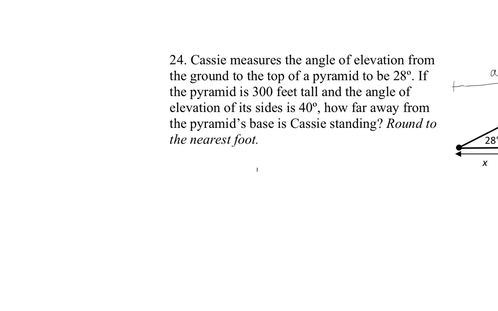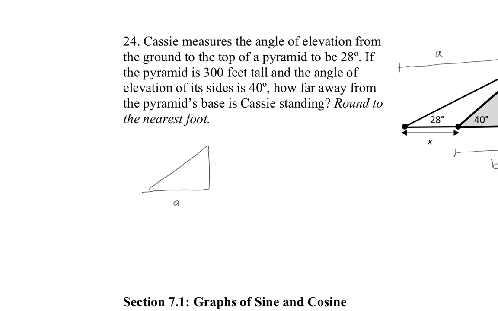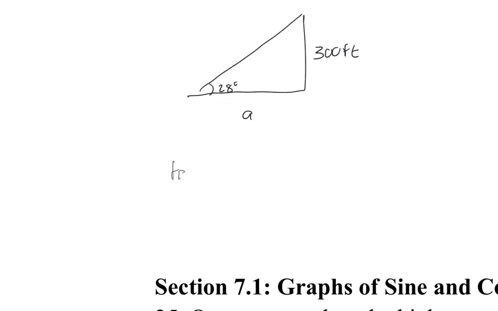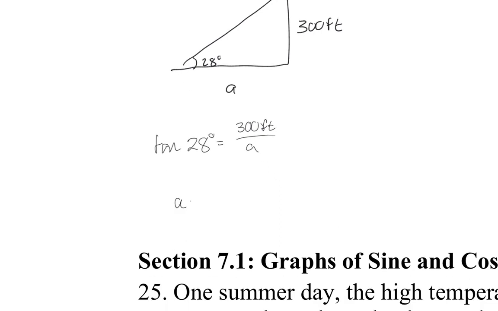So now constructing our triangle using A, we're given that this is A, we have a height of 300 feet, and we're given this angle of 28 degrees. So knowing that tangent relates to the opposite and the adjacent side, I'm going to go ahead and say tangent of 28 is equal to 300 feet over A, which means that A is going to be equal to 300 feet over the tangent of 28 degrees.